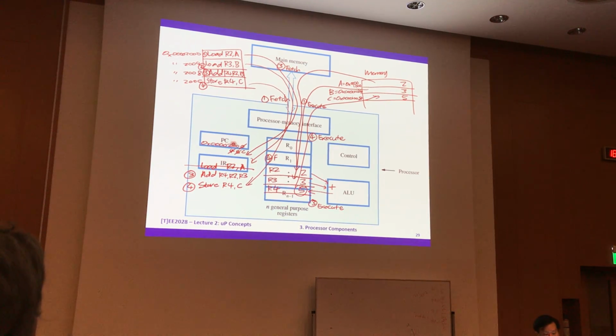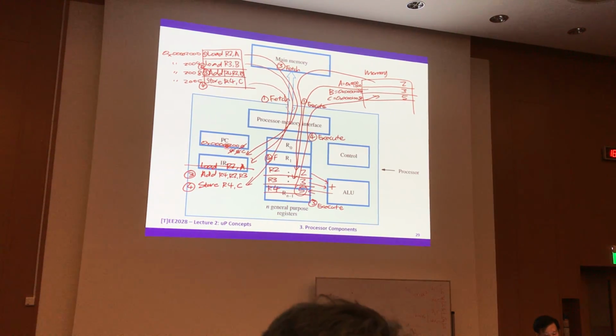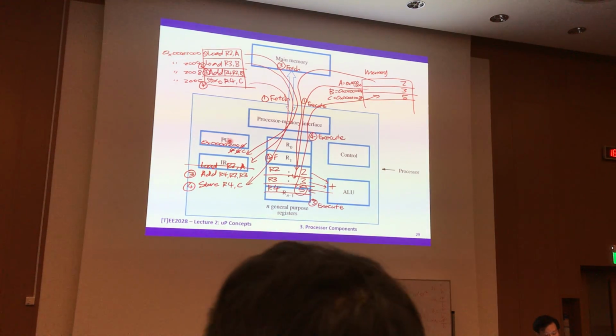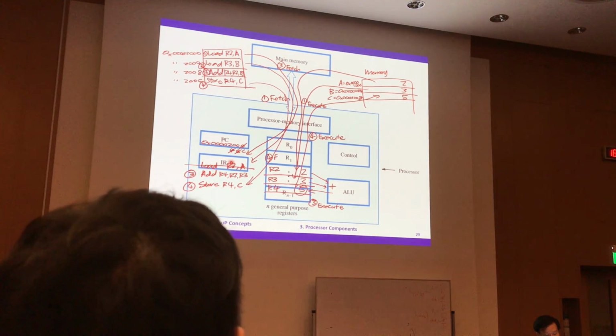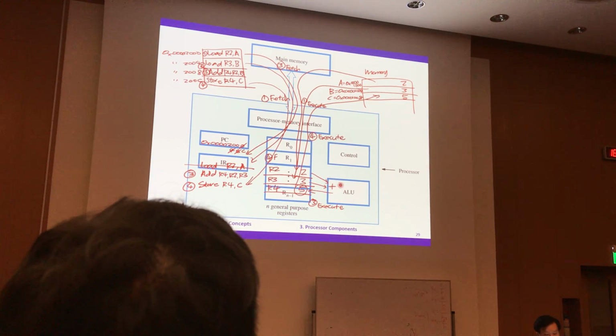Your program counter is like a bookmark. As soon as you have fetched one instruction, it will jump to the next address, and then this will be copied here. And when you execute instruction 2, it will cause this 3 to come to R3.